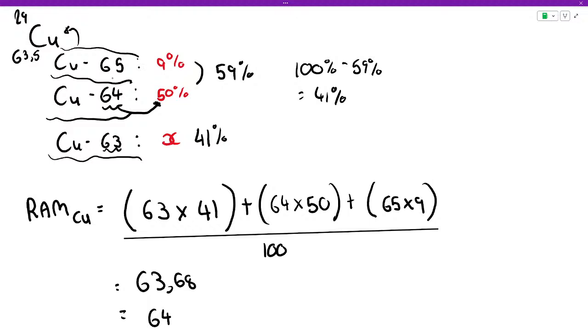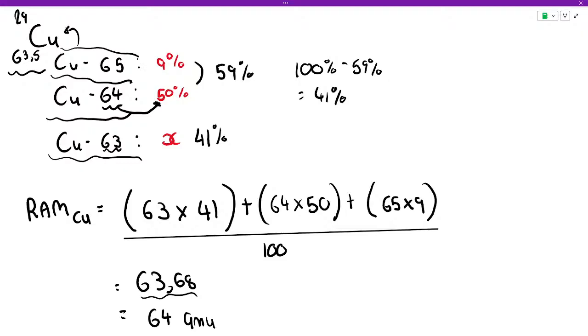And that's about right, because we got 63,5, and if we round, it gives us 64. So the RAM, the relative atomic mass of copper, is 64 AMU, atomic mass units. You understand that now? Yes.